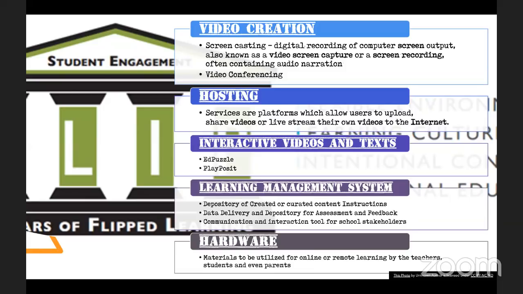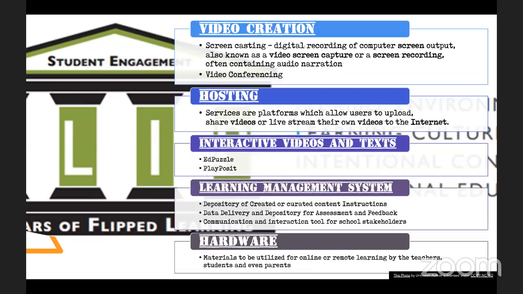Lastly, it could also facilitate communication and interaction for you, your students, and even the parents that are helping your students along the way. So choosing a learning management system is essential in a remote setup, so that you can always protect the students in doing remote learning.